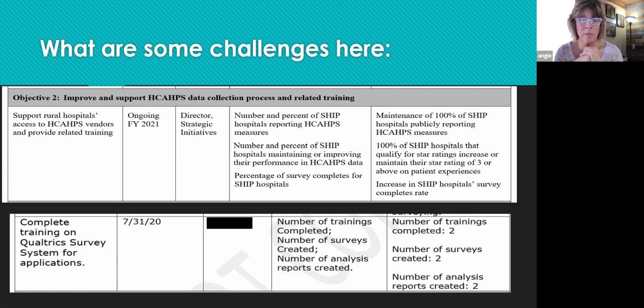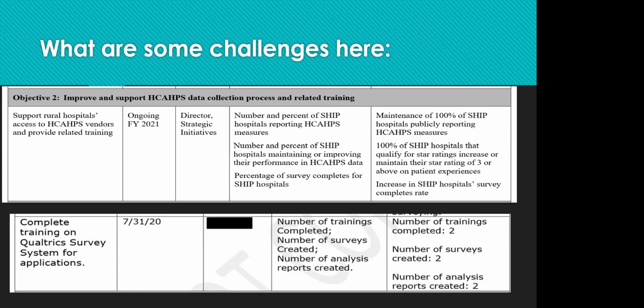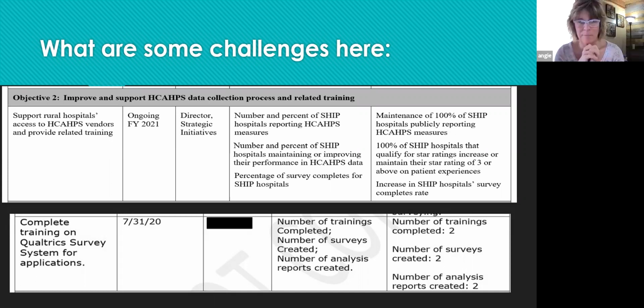All right, looking at the next one, the Qualtrics survey system for applications. Anything jump out at you guys with this one? Are we looking at the one with the date 7/31/20? Yes.